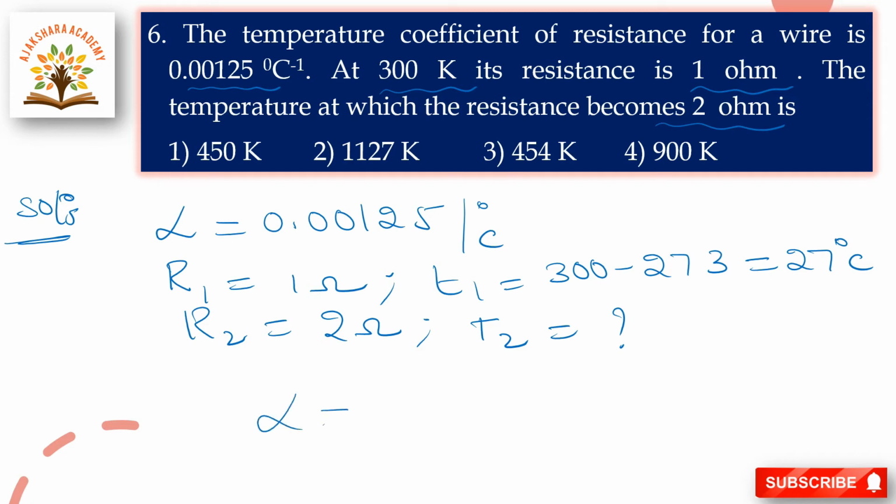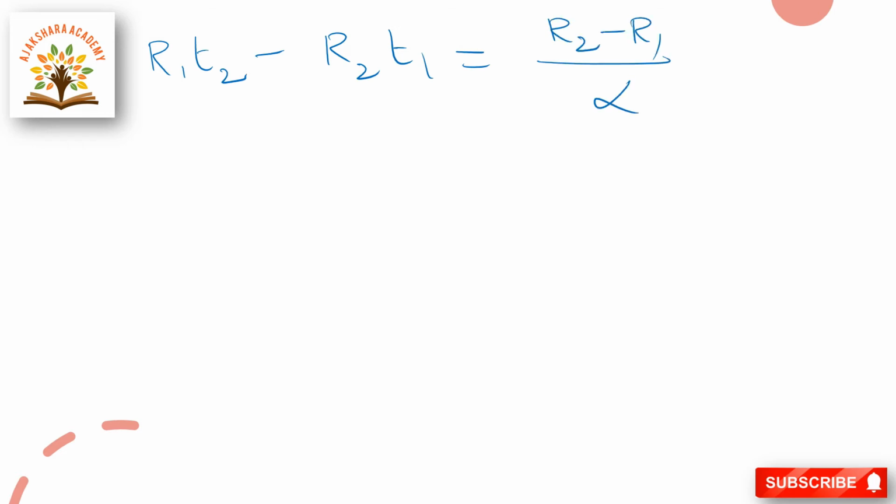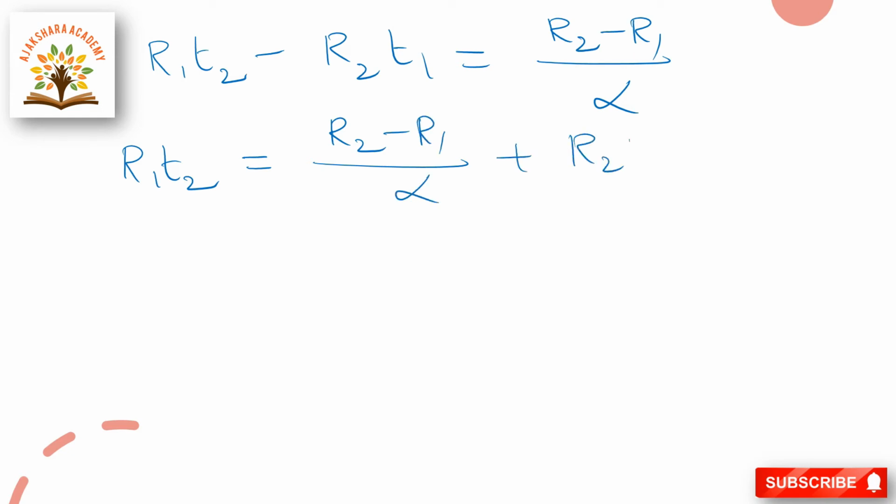So alpha is equal to (R2 minus R1) by (R1 T2 minus R2 T1). From this relation, R1 T2 minus R2 T1 is equal to (R2 minus R1) by alpha. So R1 T2 is equal to (R2 minus R1) by alpha plus R2 T1.